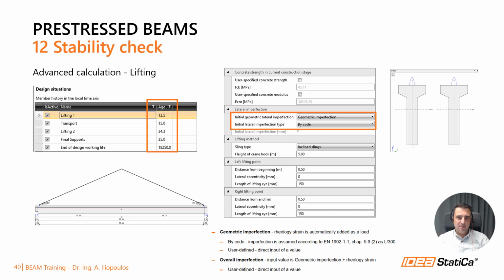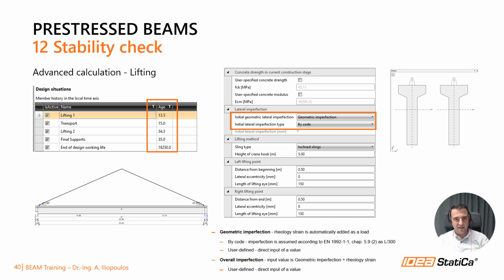Horizontal distances can also be set using lateral eccentricity and distance from end. Both lifting points can be set independently, meaning asymmetrically, so it is possible that the roll axis will not be parallel to the beam axis.